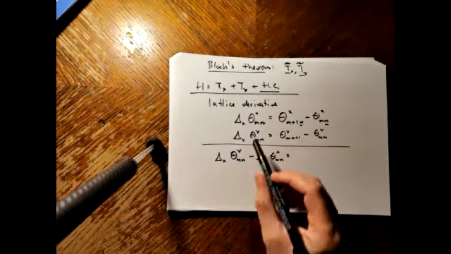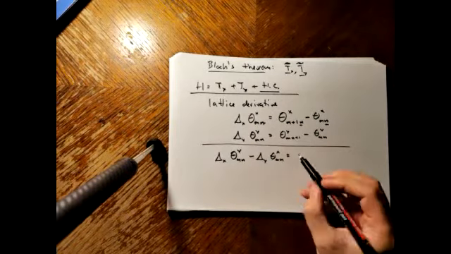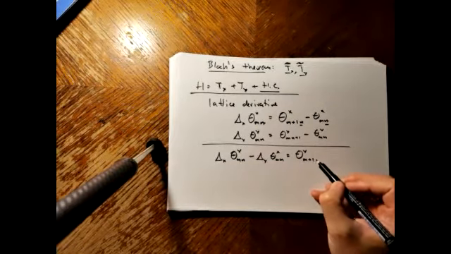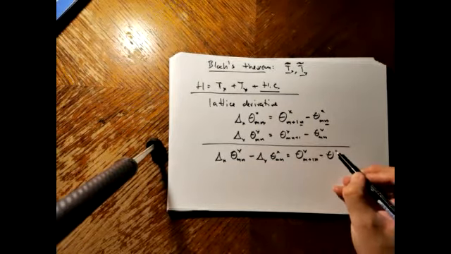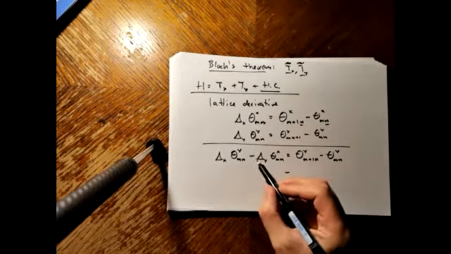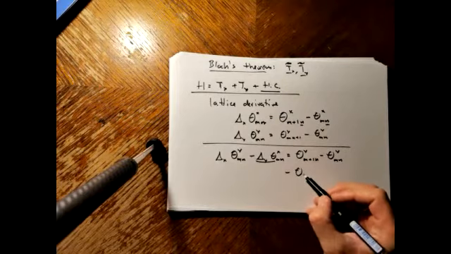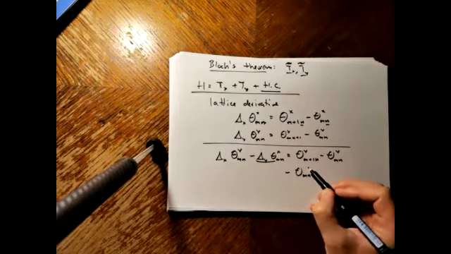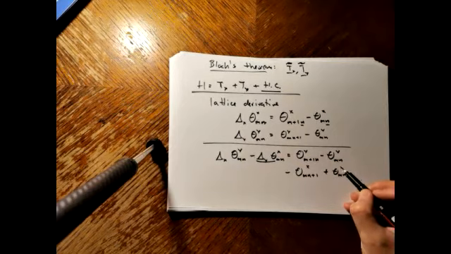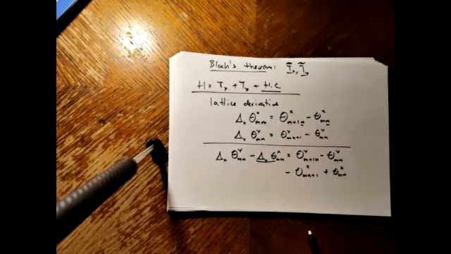Well, we can write this explicitly: theta y m plus 1 n minus theta y mn minus theta x m n plus 1 plus theta x mn.